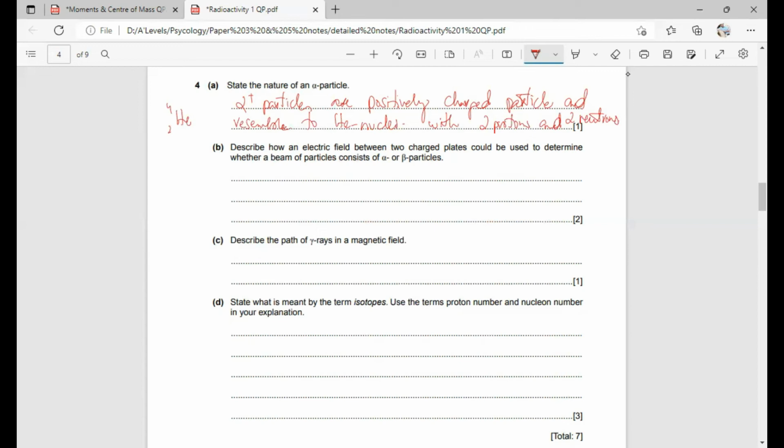So, as I wrote above, alpha positive particles move towards the negative plate and beta particles move towards the positive plate, right? This point we wrote earlier as well.